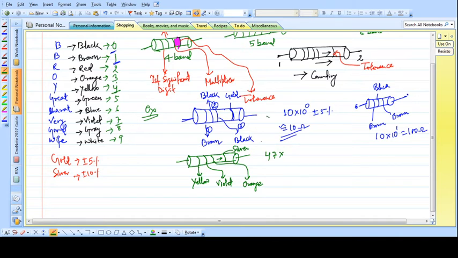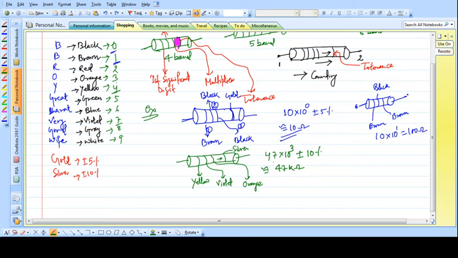So 10 to the power 3. And plus or minus silver, that is plus or minus 10%. Now I will discuss the tolerance because it keeps coming. But this one is basically 47 kilo ohm resistance.